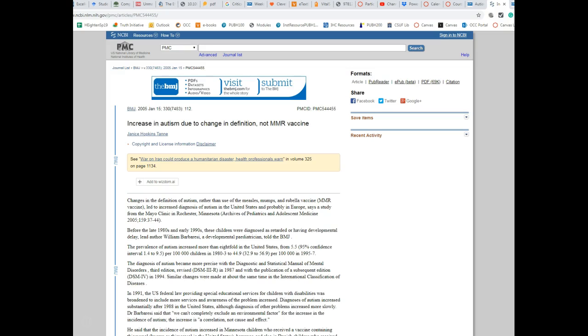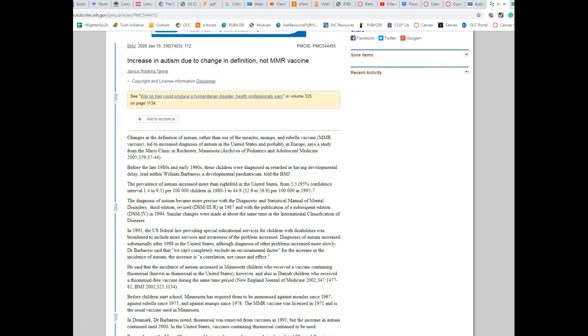Here is an article from 2005 after they changed the definition for autism, but you see it's addressing that the changes in the definition of autism rather than uses of the immunization led to the increased diagnosis of autism. So whereas prior to the change, individuals who were on the spectrum were categorized as something else, with a revision, more children were identified, and it looked like the incidence went up when it was because the disease was categorized differently.